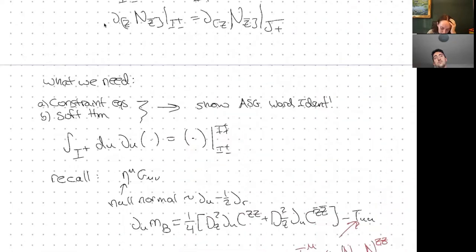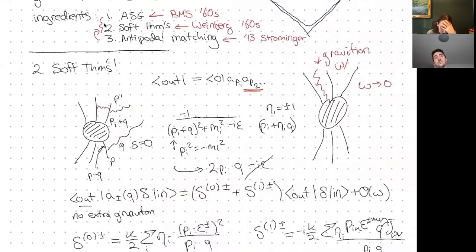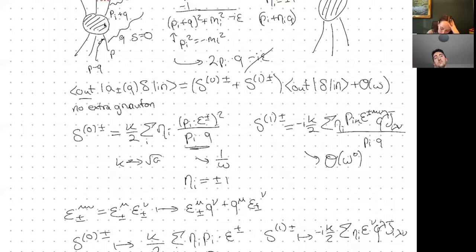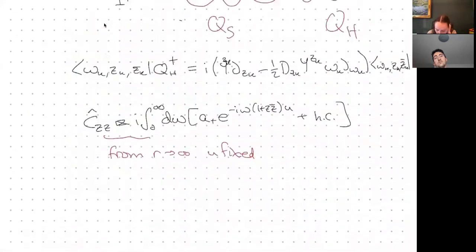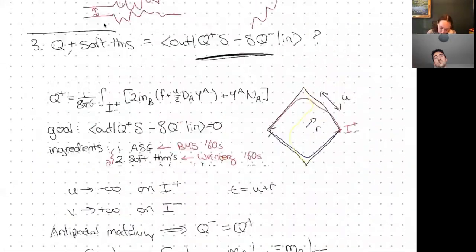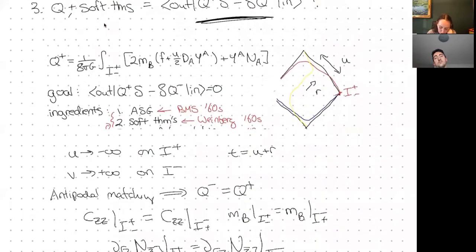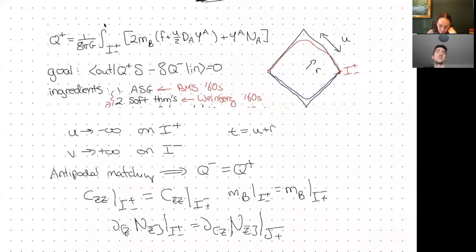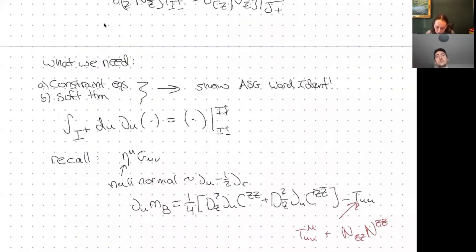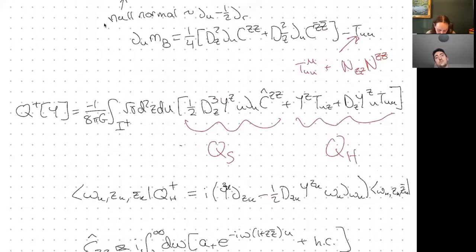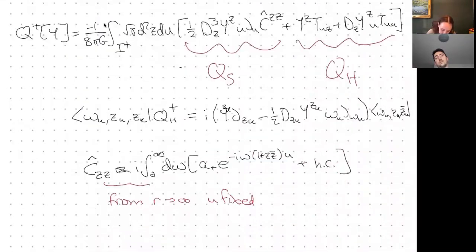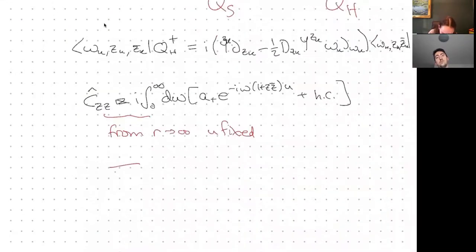So Q soft right now was coming from either an outgoing graviton or an incoming graviton, and those guys attached to all in or outgoing external legs. Whereas this hard matter charge is acting on my Cauchy slice either at future or past null infinity and is only contributing from one or the other. So essentially what I basically have is that you need both terms to have this Ward identity work, but you do have it work out. And so basically I've shown how one lands at our Ward identity.